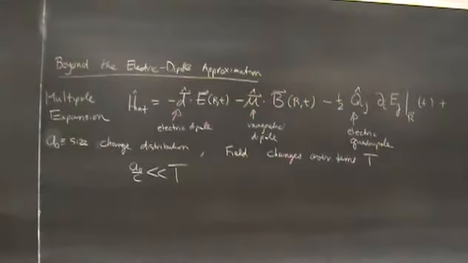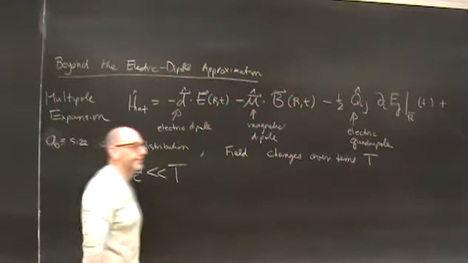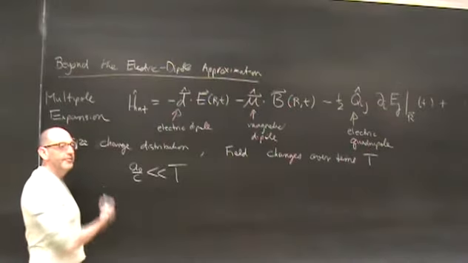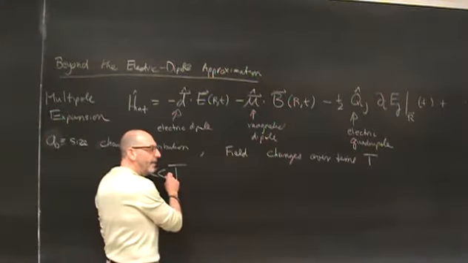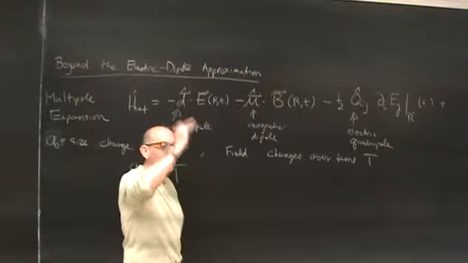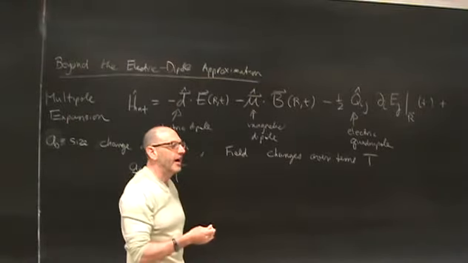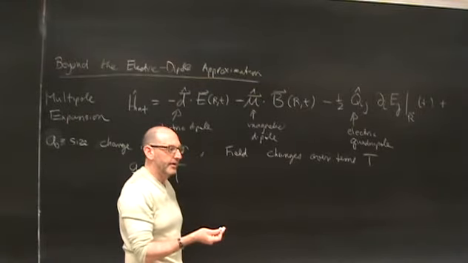That's what the multipole expansion is saying: there are no retardation effects across the size of the sample. Now, say the field is oscillating as a function of time with frequency omega.